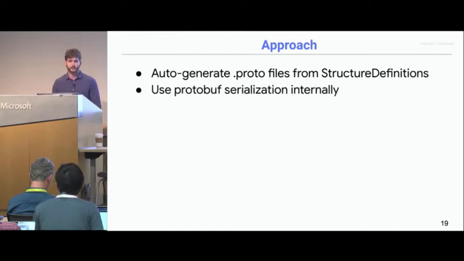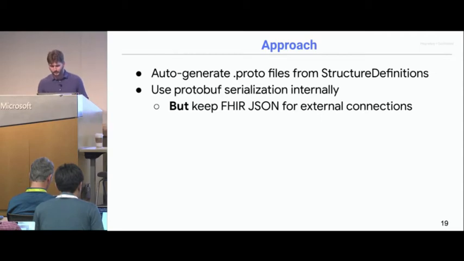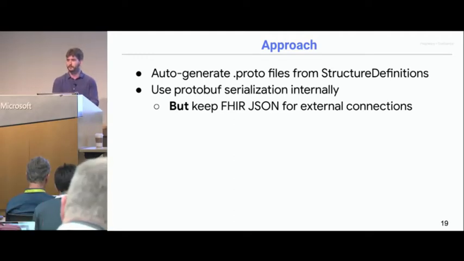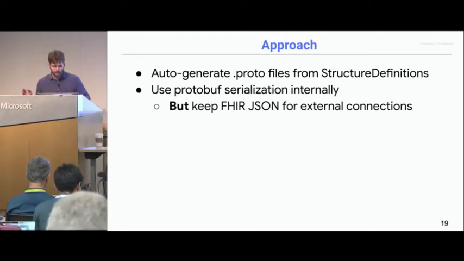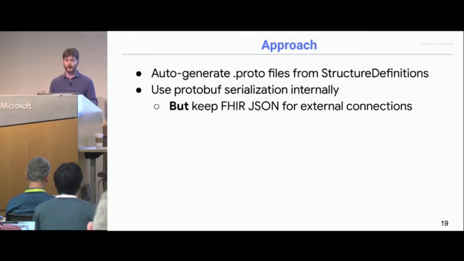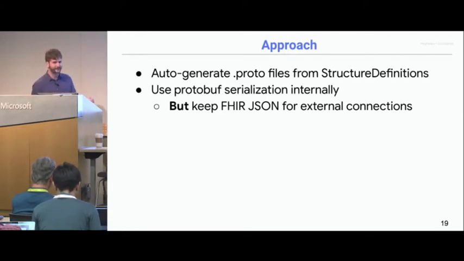Internally, we use protobufs for everything, but we keep FHIR JSON for external connections. This means that at any point we can freely move back and forth between protos and JSON, and it's totally lossless, it's totally spec compliant. If you look on the FHIR website, they talk about JSON, XML, and Turtle as the accepted FHIR formats.